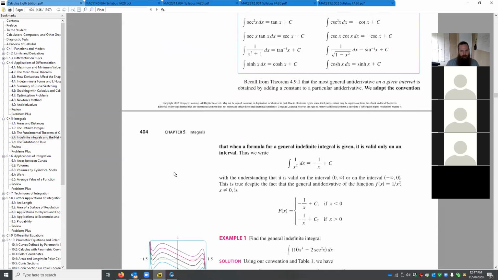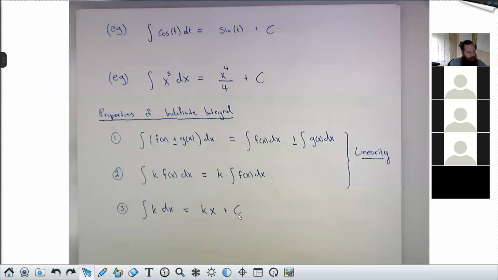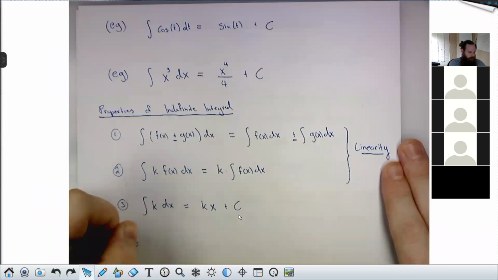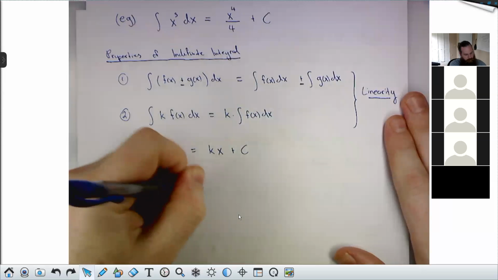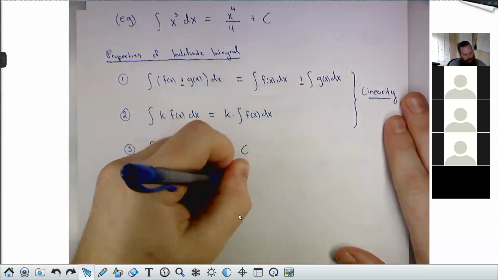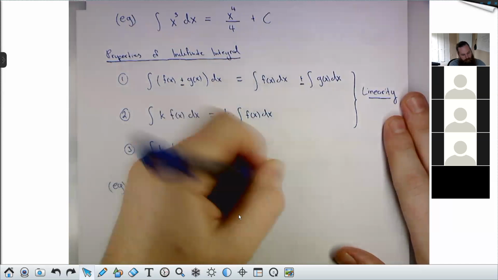We can try something maybe a little bit harder where we have to use some of these properties. Example 1 looks good: 10x to the 4 minus 2 secant squared x. So we're going to evaluate the indefinite integral of 10x to the 4 minus 2 secant squared of x dx.